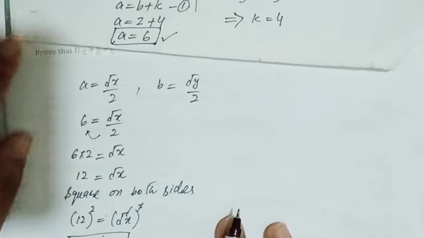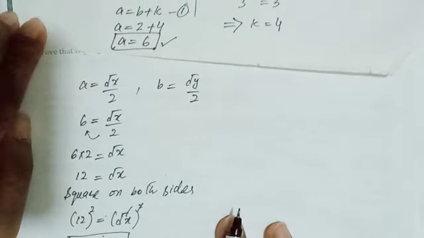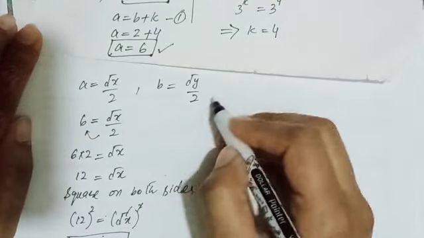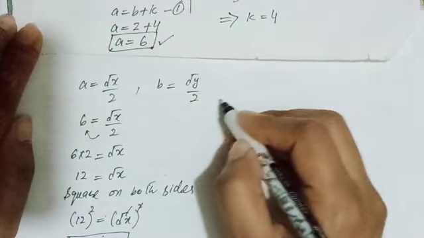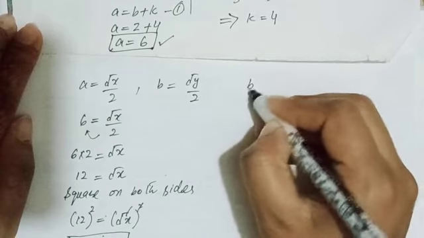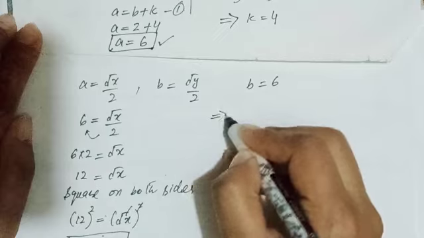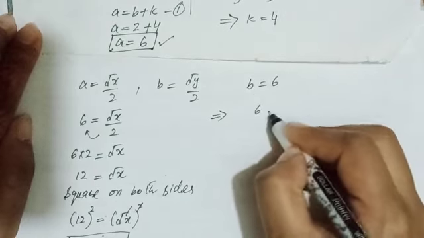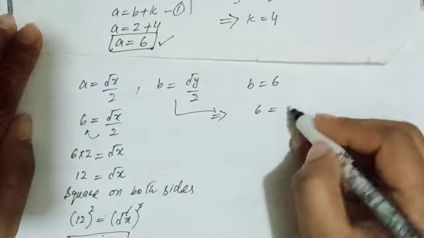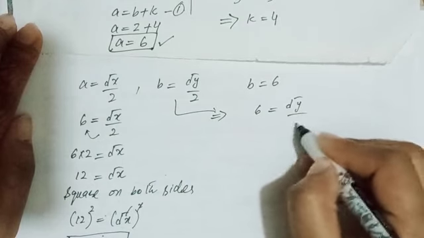Now let's find the value of y. So b is equal to 2 here, so this implies that 2 is equal to square root y by 2.